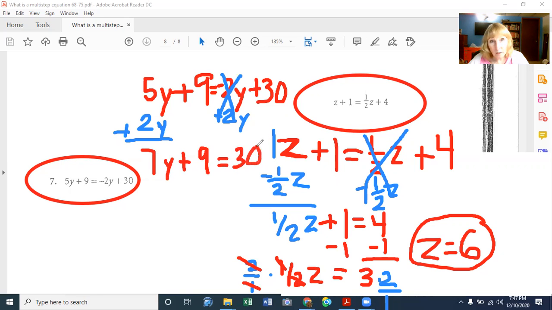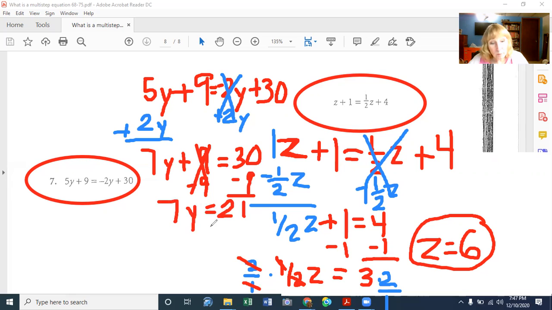Now I want to get my 9 to the other side by subtracting 9 from both sides. Which would be 21. And these cross off. Equal sign there. And then I'm left with 7y equals 21.